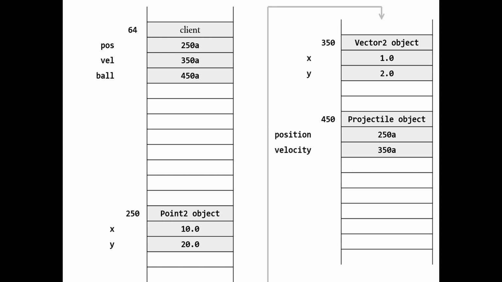So again, just like in the previous example with the person, there's the user and there's the object, and both the user and the object have references to the same part objects. So in other words, the projectile object doesn't actually own that vector, and it doesn't own that point. It can't own them because I have a reference to that point and that vector as well.